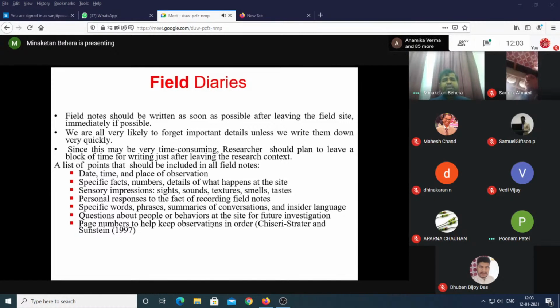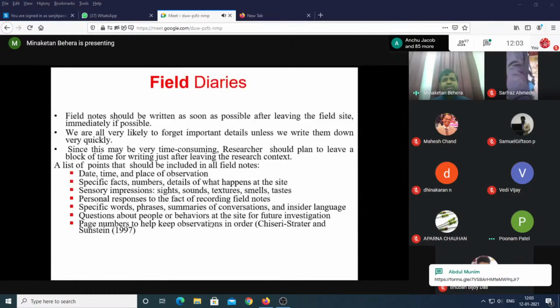I share my experience: when you go to the field, you write down categorically, today's date, that in the morning I left at 9 o'clock, and from 6 o'clock in the evening you provide detailed information, whom you talked to, what type of information you collected. Each day's activity you have to mention in your field diary.